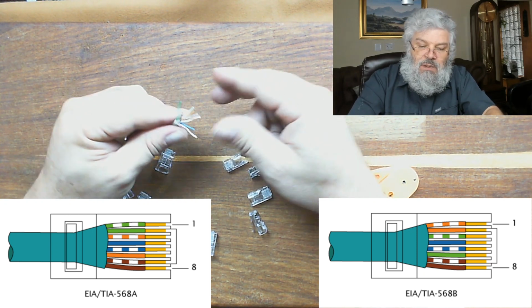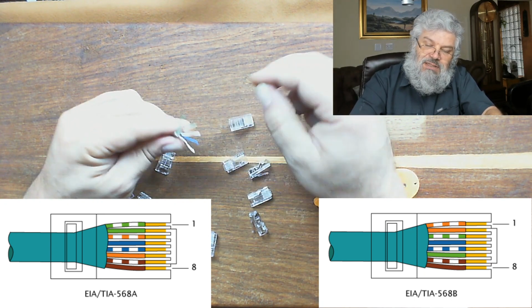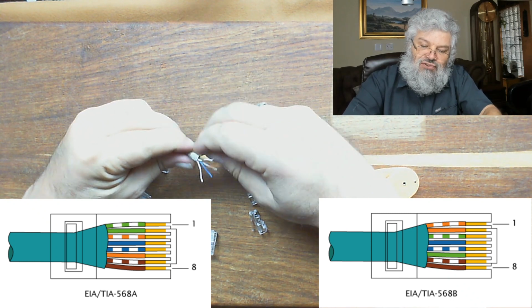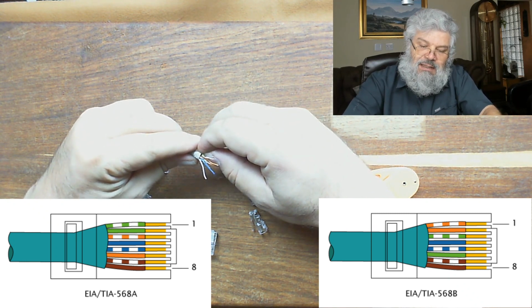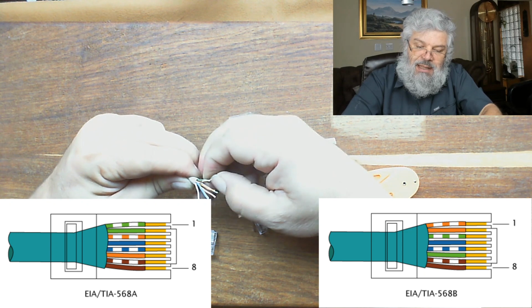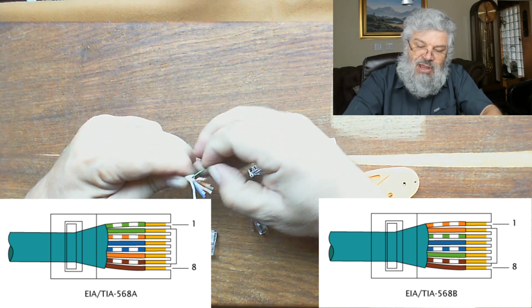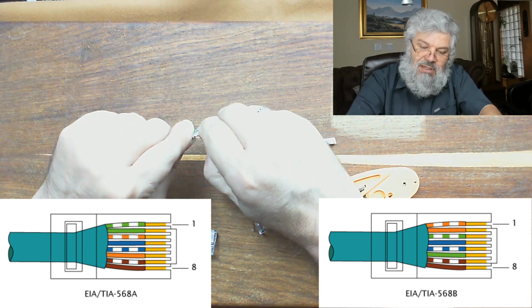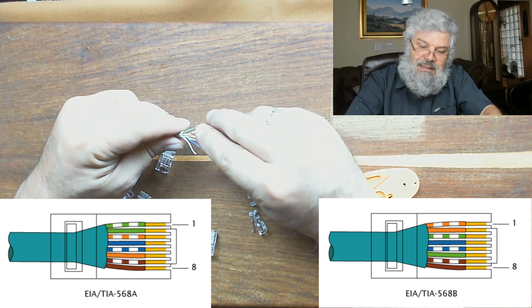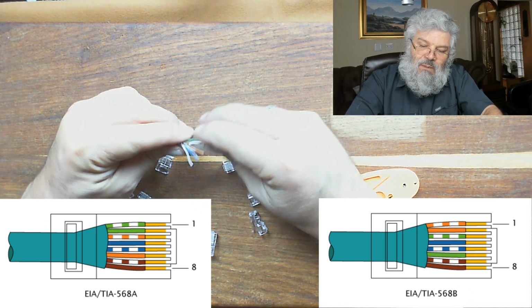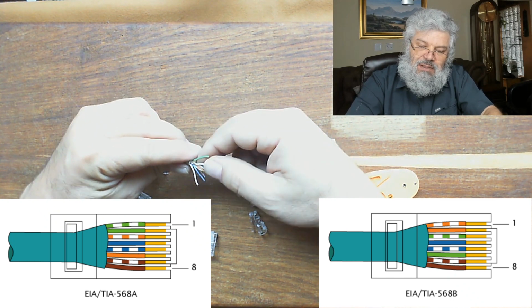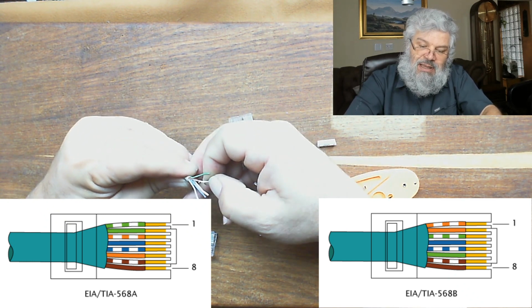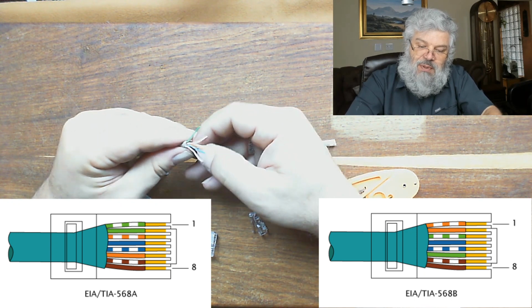So once you've untangled these wires, there's a little trick if you want to do it as smoothly as possible, and that is to try and straighten out every piece of wire, all 8 of these wires, 4 pairs in it. Now, we've not said this previously, but on a 10 megabit per second connection, you will only use 2 pairs.